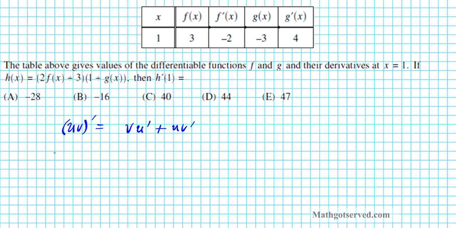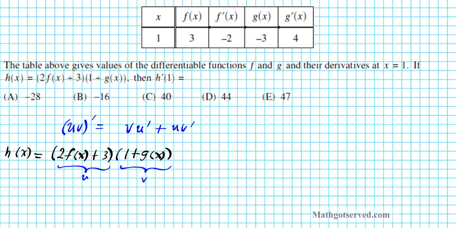In this problem, we have h of x equals 2 f of x plus 3 times 1 plus g of x. So we'll simply find our u and v function and apply the product rule, okay? So this function right here is our u, and this function right here is our v.